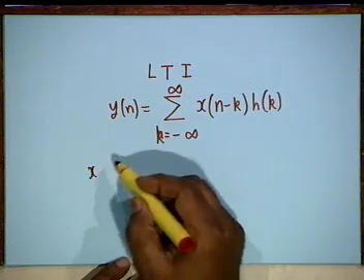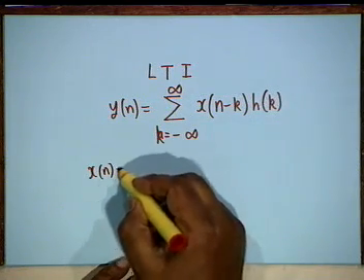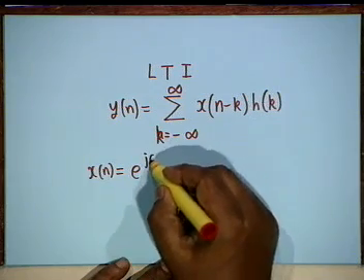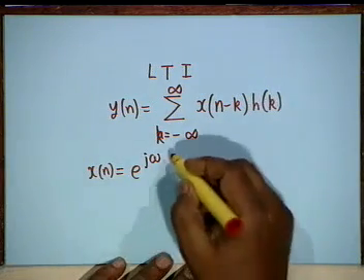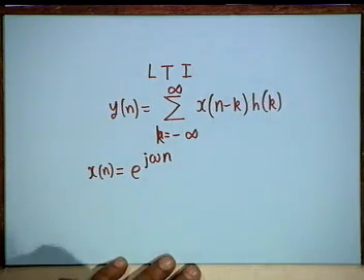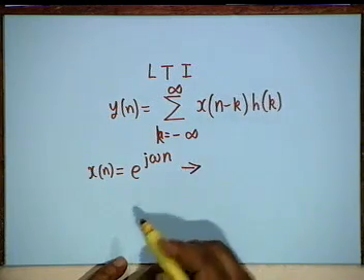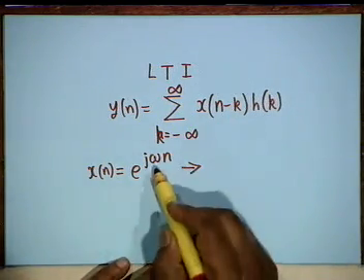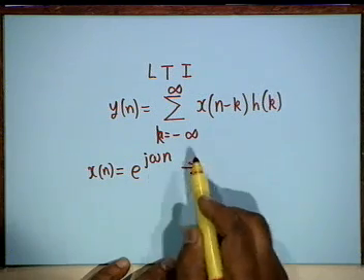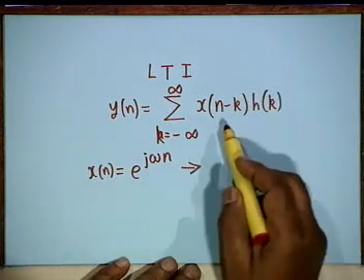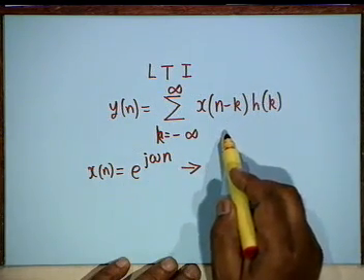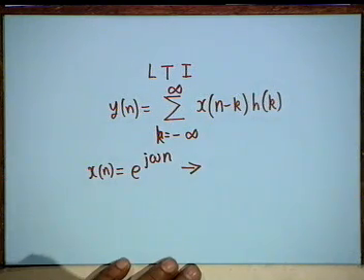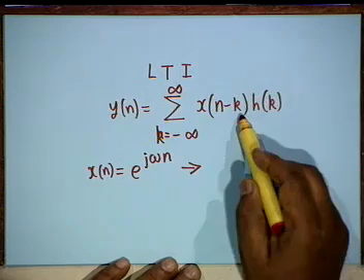Now, if to this system we apply an input x of n equal to e to the power j omega n, then the corresponding output, you put here x of n minus k equal to e to the power j omega n minus k, then the e to the j omega n term can be taken outside the summation, because the variable of summation is k.